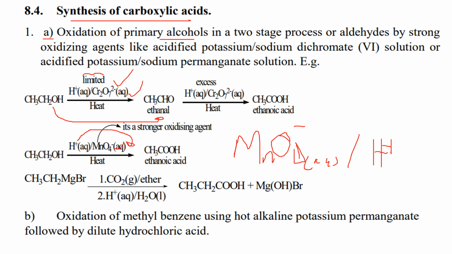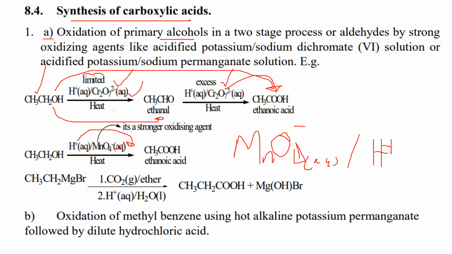Then if you use it in excess, it's always going to take you to a carboxylic acid. But notice that this is strictly for primary alcohols. So to convert a primary alcohol into a carboxylic acid in one step, you must use excess acidified dichromate ions.